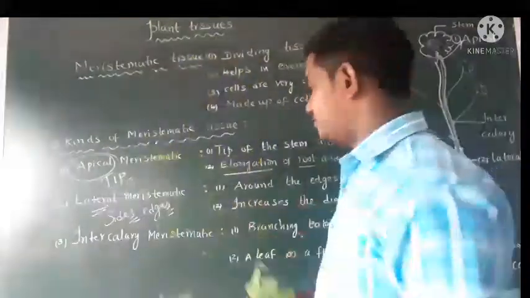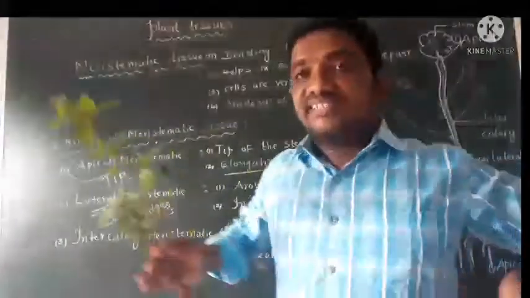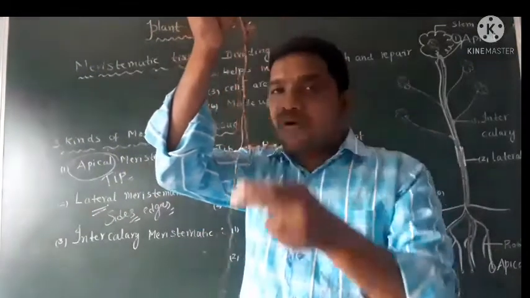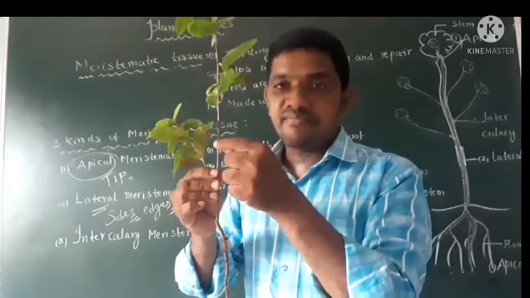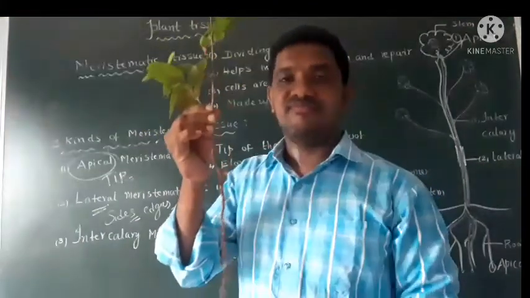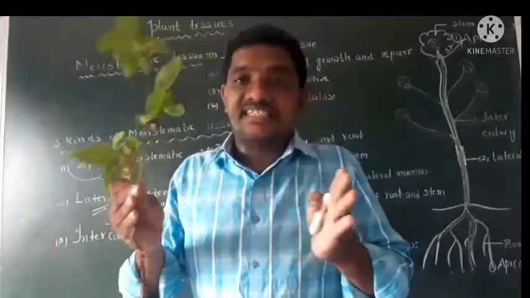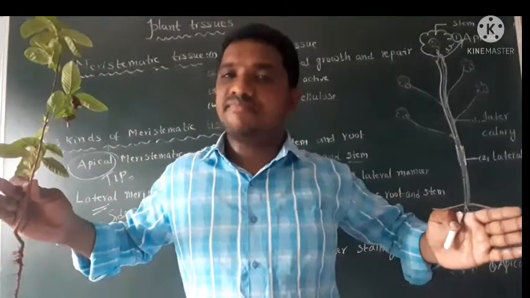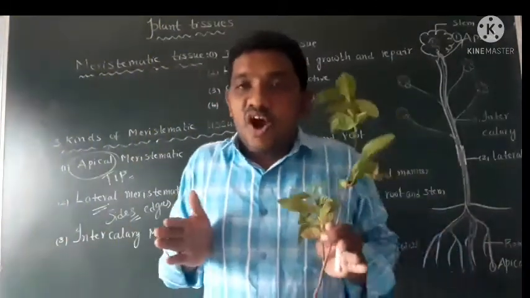Second one, it increases the diameter of the root and stem. These are present at the edges of the plant body, on the stem and on the root. Keep in mind, it increases the diameter of the stem and the diameter of the root. It increases horizontally.